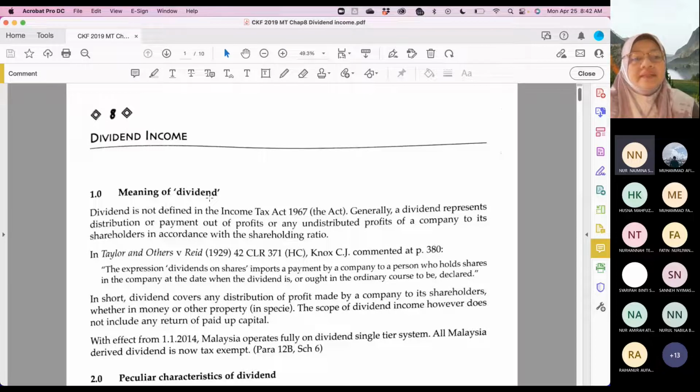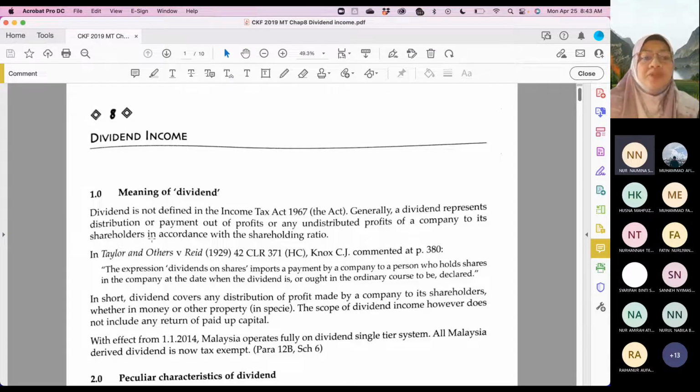Under section 4C, dividend, interest and discount, those are the topics, but we will only go into detail on your dividend income and your interest income. And under section 4D, you have rental, royalty and premiums, but we only cover two, which are royalty and rental.